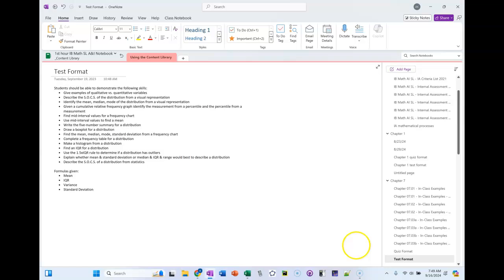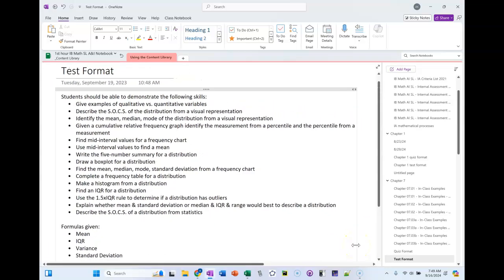We'll do the test format right here now also. Again, you should be able to give examples of qualitative versus quantitative variables. You should be able to describe the SOCS. What does SOCS stand for? You want to know that: shape, outliers, center, spread.